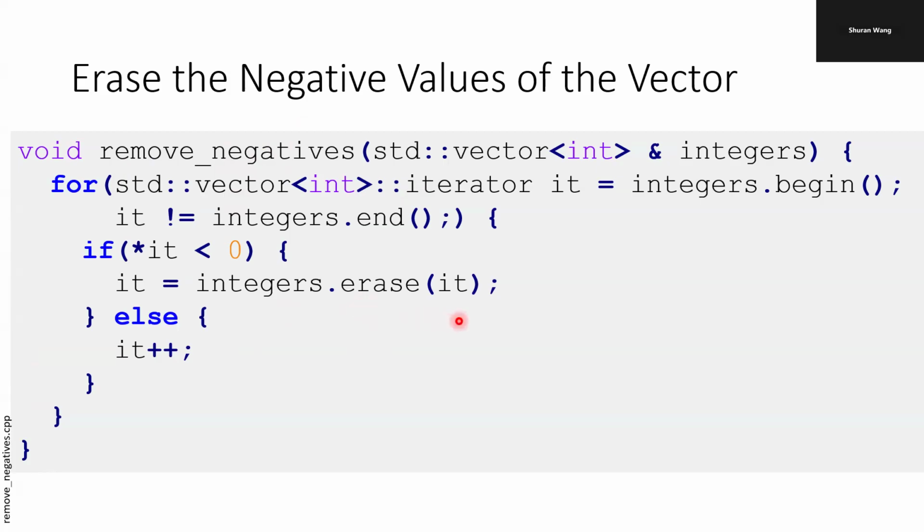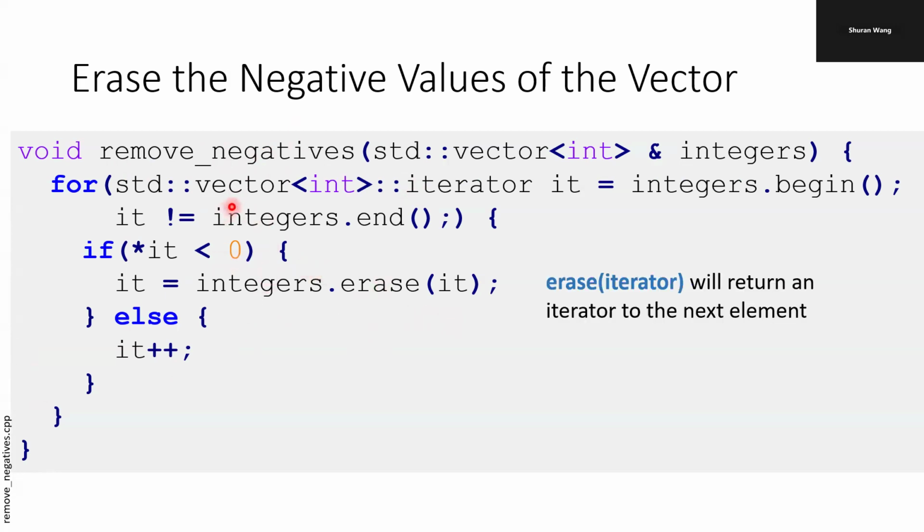The erase member function of vector will erase whatever is pointed to by it, and it will return the iterator to the next element in the vector. For that reason, we cannot do it++ in the for loop. We have to do it in the else. Because if we do an erase, this it will already be pointing to the next element. So we need to do it++ here in the else.